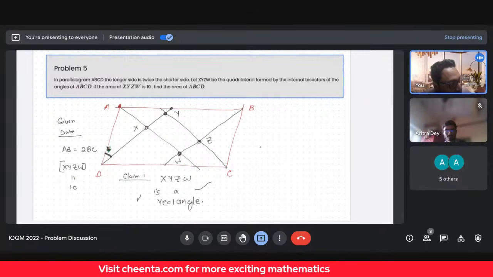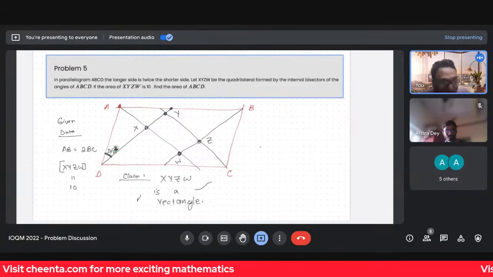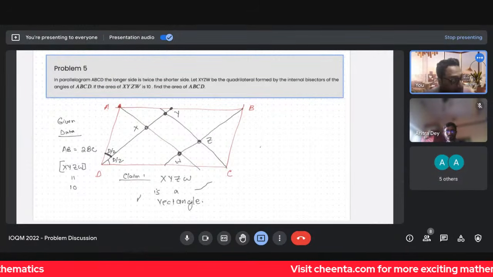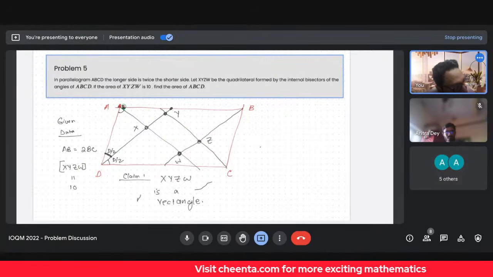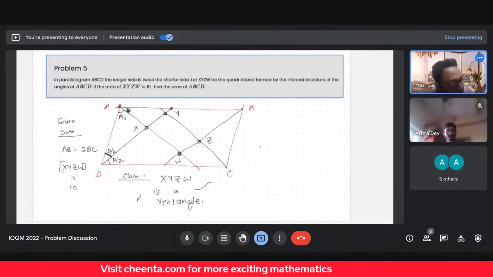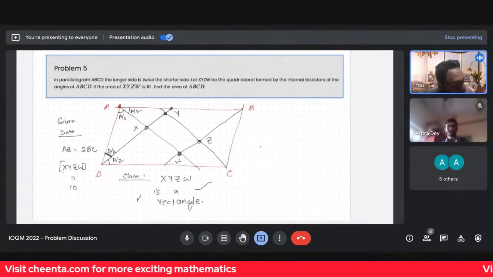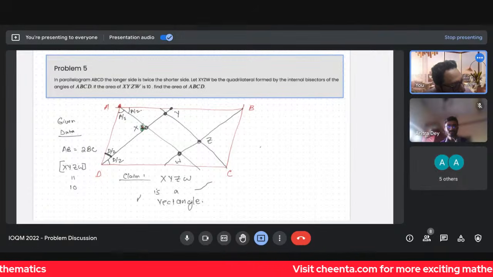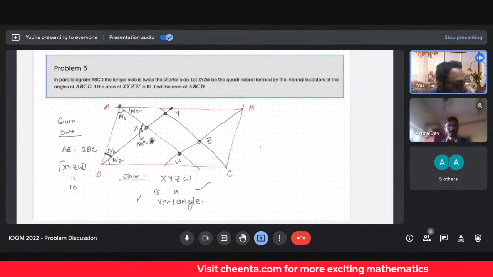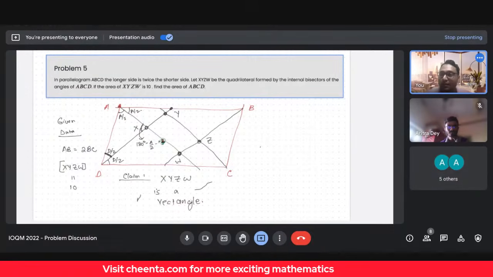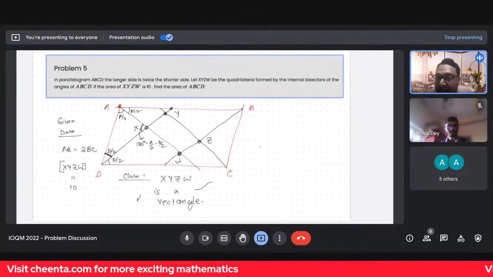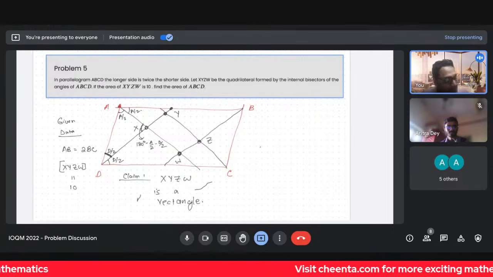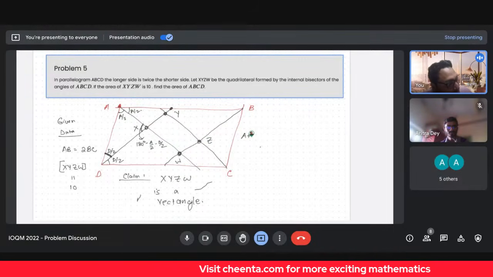This angle is D/2 and this angle is D/2, because it is an angle bisector of angle D. This is A/2 and this is A/2. So the angle right here is 180 degrees minus A/2 minus D/2. But notice that A/2 and D/2 add up to 90 degrees, because A plus D will add up to 180 degrees.